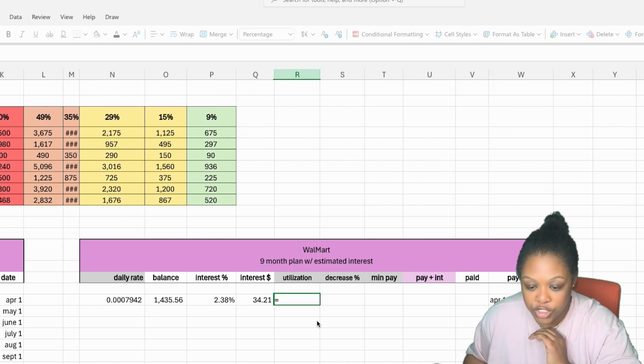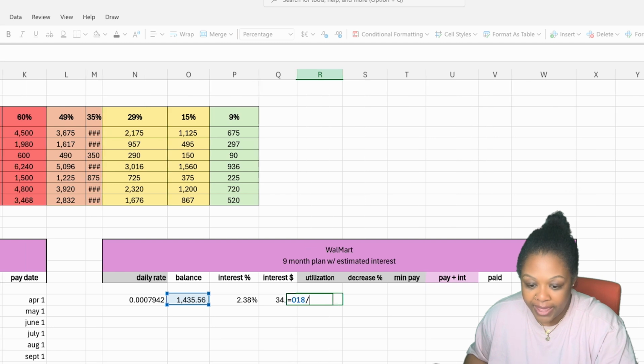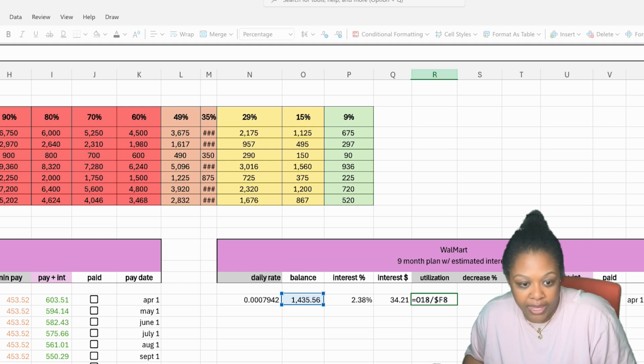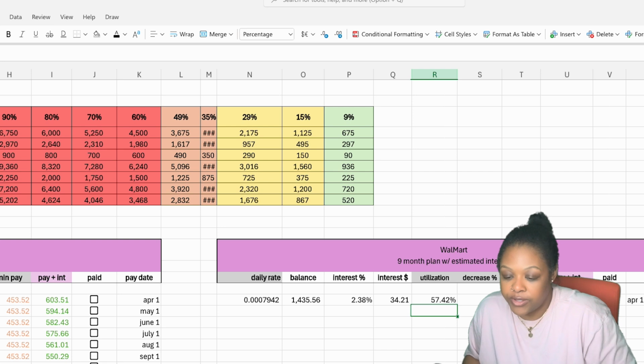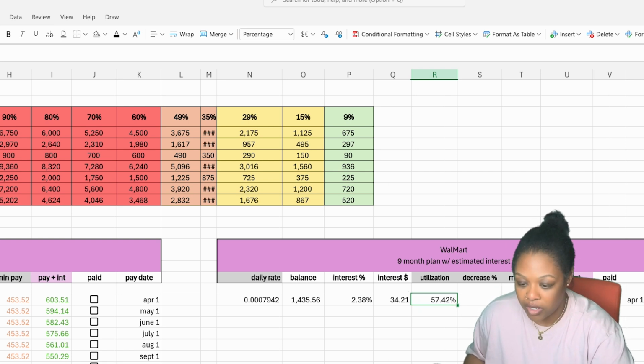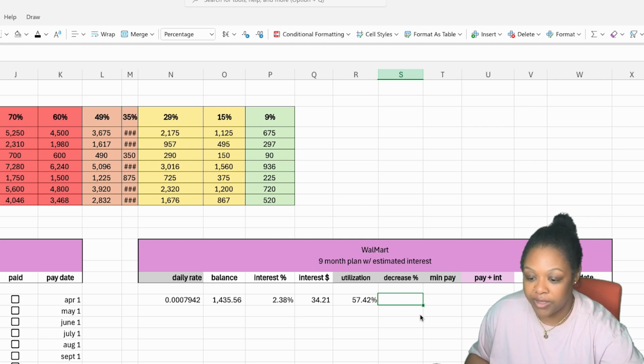So my utilization is going to be my current balance divided by my current limit, which is always going to be the same. So we're going to anchor down that limit where it is. That's telling me I'm using 57.52% of my Walmart card. I want to find out how much of my card I need to pay off to meet this 9-month goal.